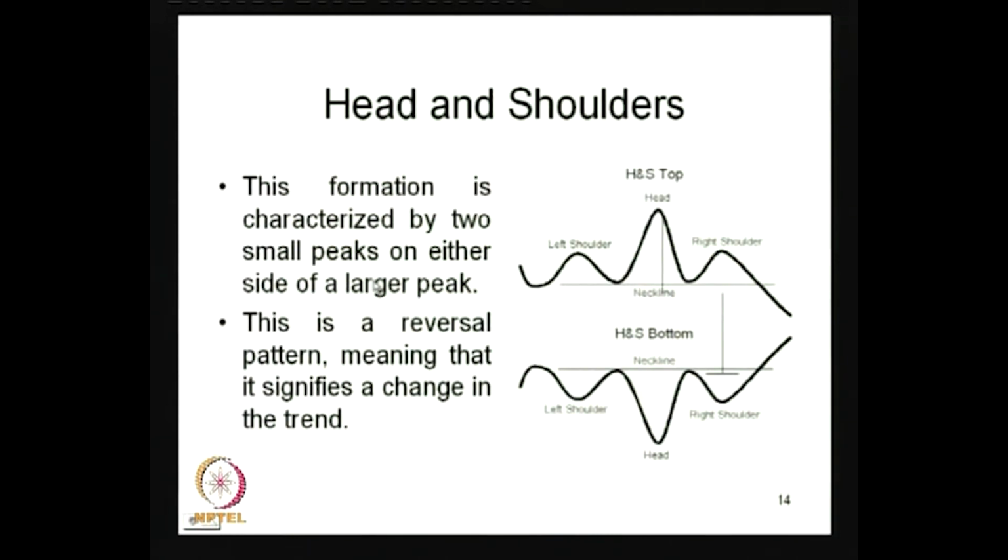If this trend prevails, the total figure is defined as the head and shoulders top. There are two small peaks and one larger peak, and the two small peaks are on either side of the larger peak. This trend is basically a reversal pattern, meaning that it signifies a change in the trend.